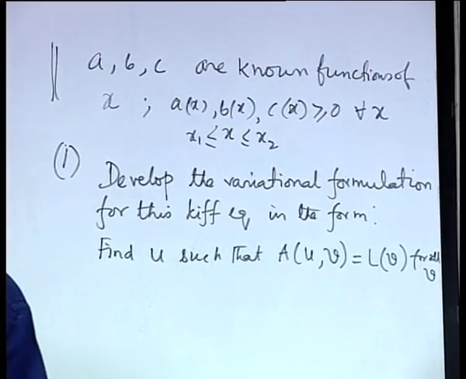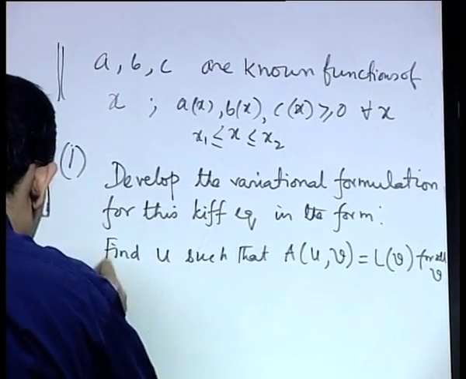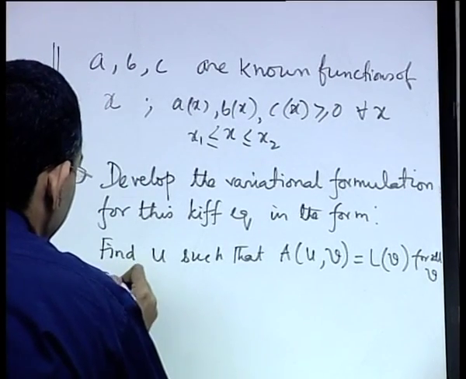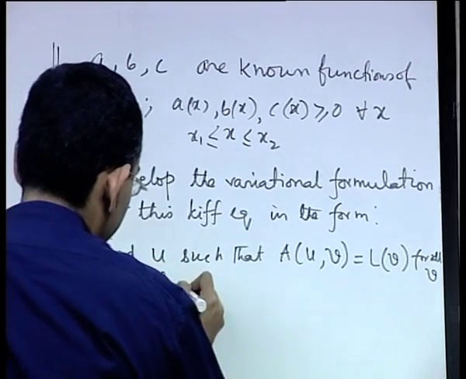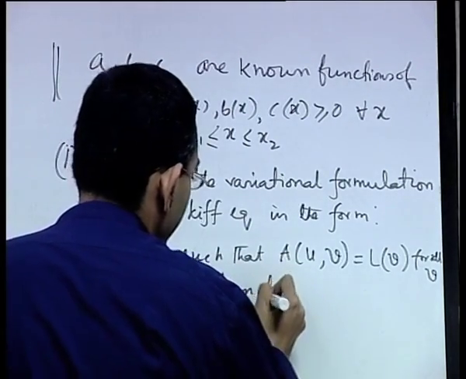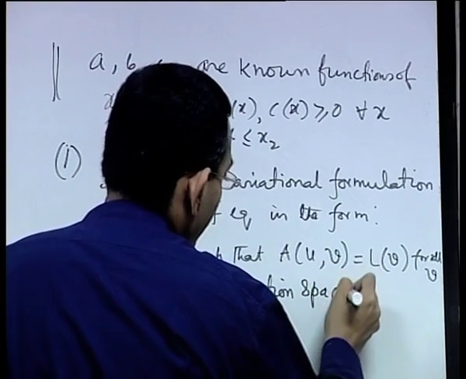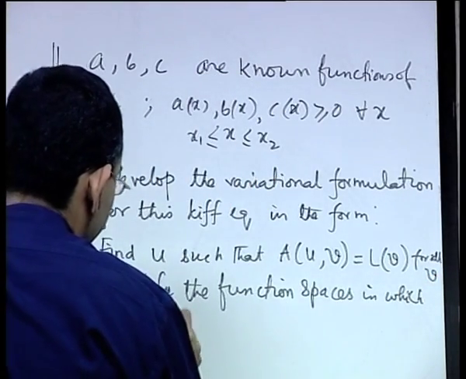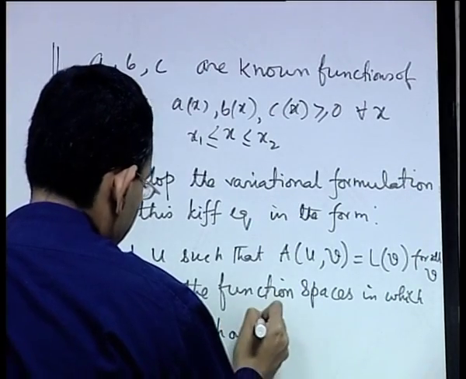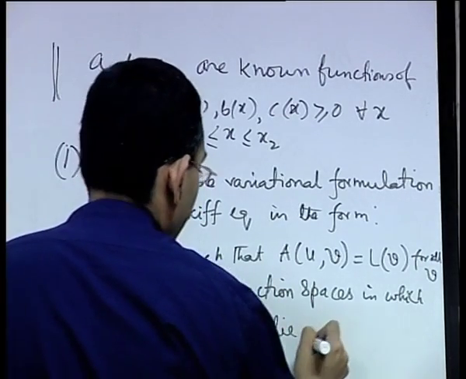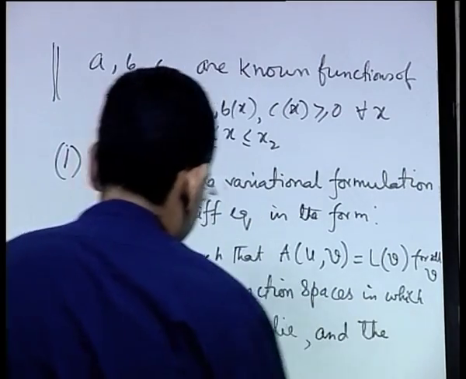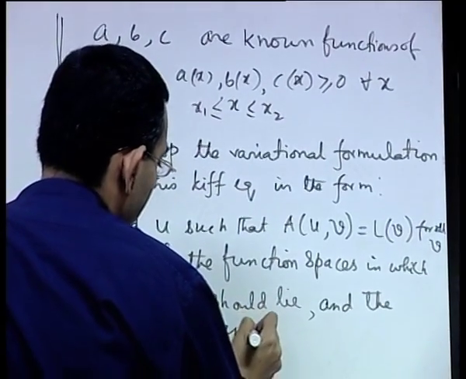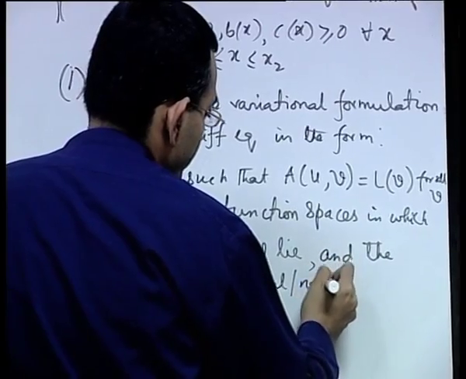That is number 1. Number 2 is: identify the function spaces in which u and v should lie, and the corresponding essential as well as natural boundary conditions.